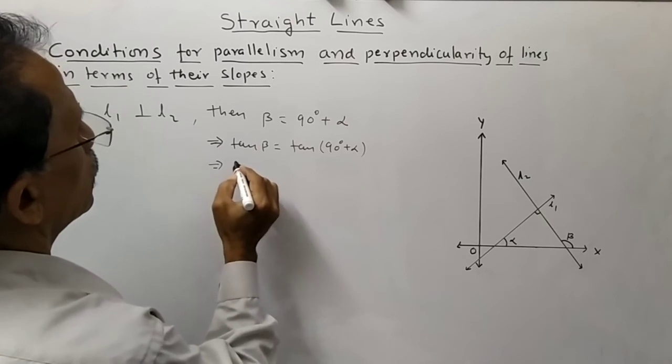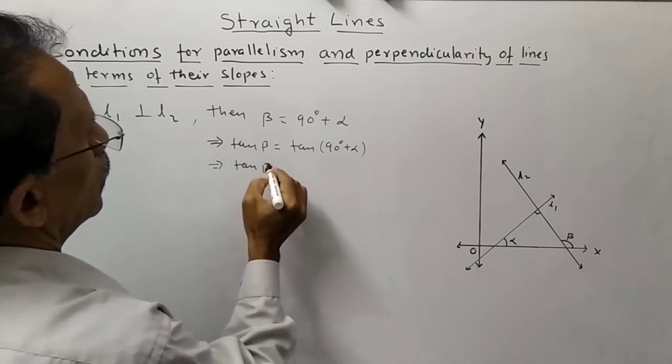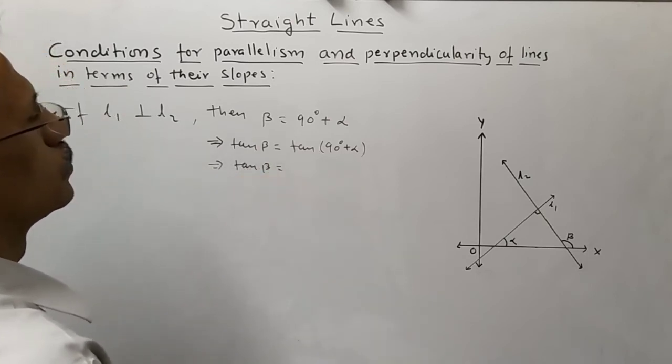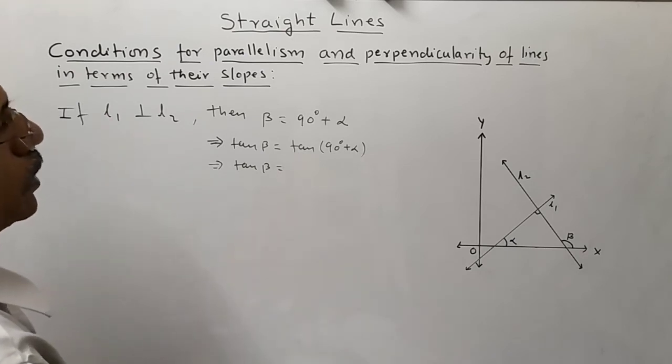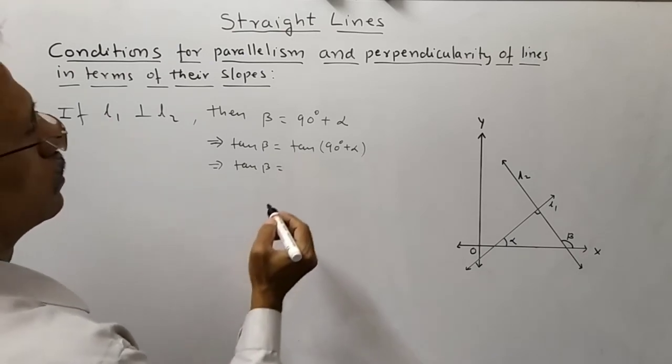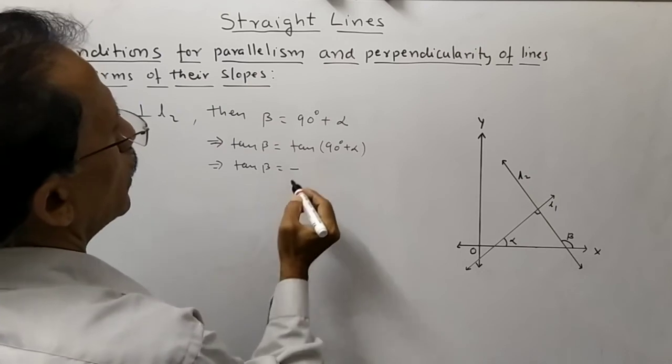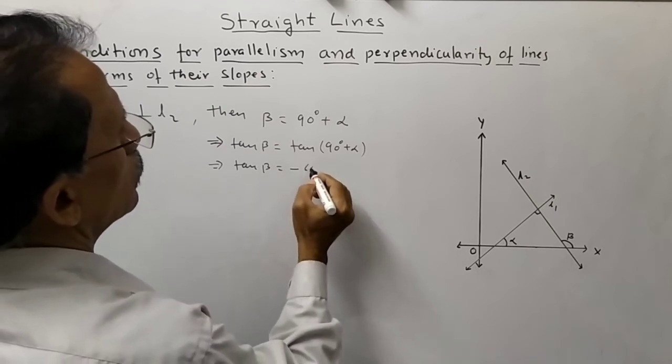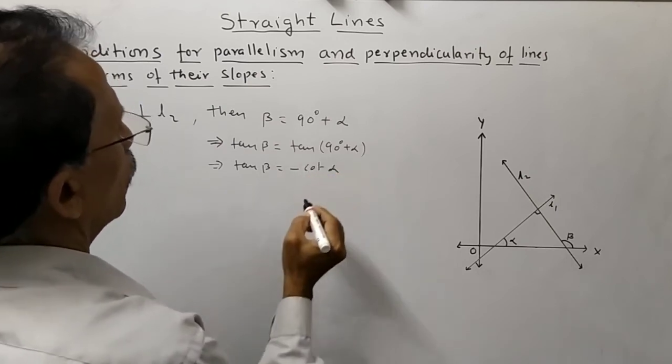What about tan 90 plus alpha? Minus cot alpha.